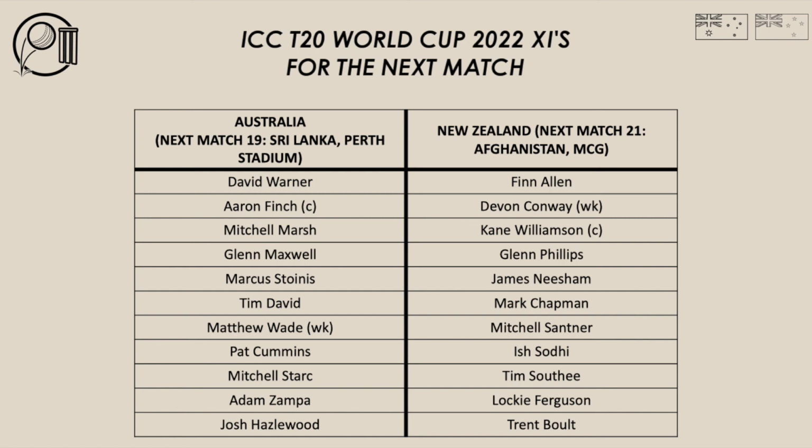As we know in T20 cricket, it's unpredictable and we never know what's going to happen. Whoever can execute on the day will win the match. So the potential 11 for New Zealand heading into their next match against Afghanistan at the MCG could be Allen, Conway, Williamson, Phillips, Neesham, Chapman, Santner, Sodhi, Southee, Ferguson, and Boult.